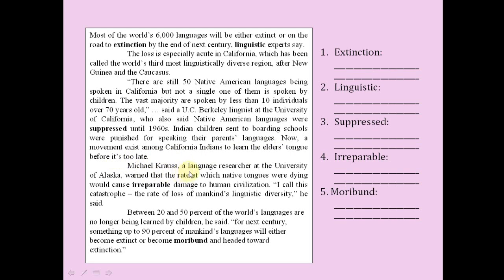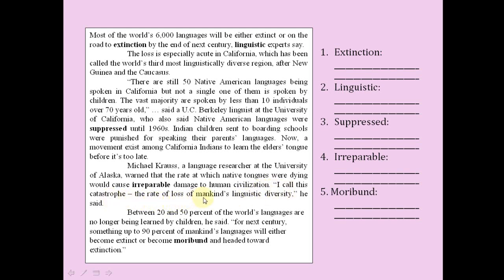Michael Krause, a language researcher at University of Alaska, warned that the rate at which native tongues were dying would cause irreparable damage to human civilization. I call this catastrophe.